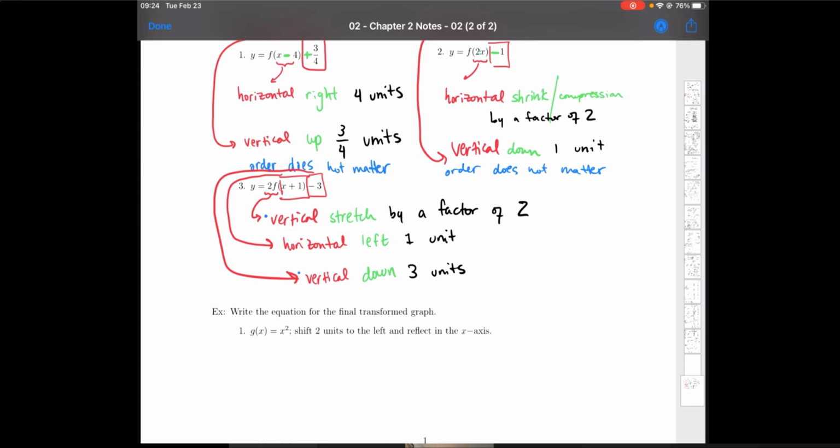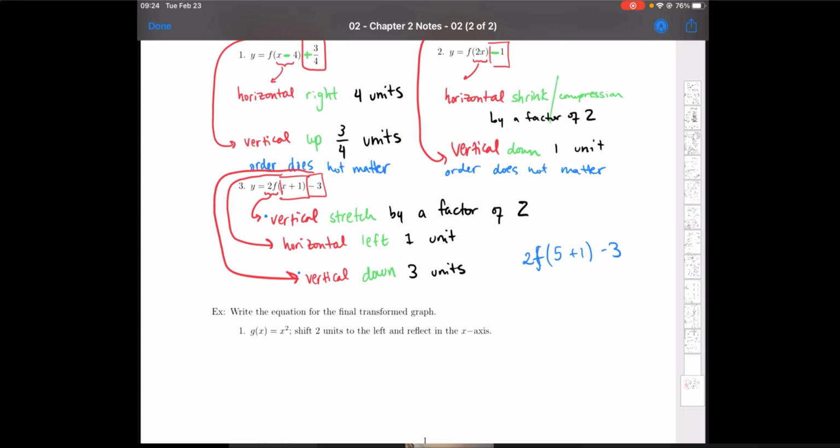What do you think is going to happen first? Let's say that we plug in the number 5.